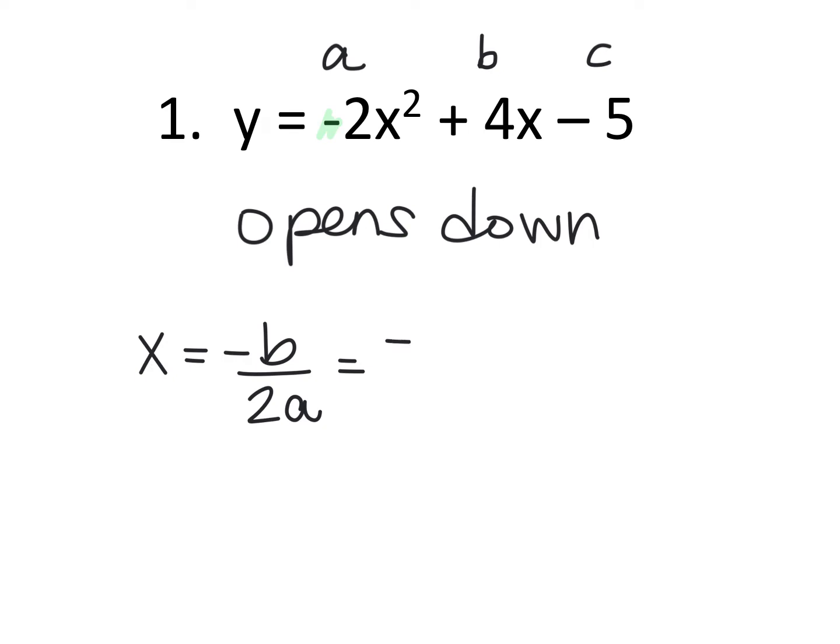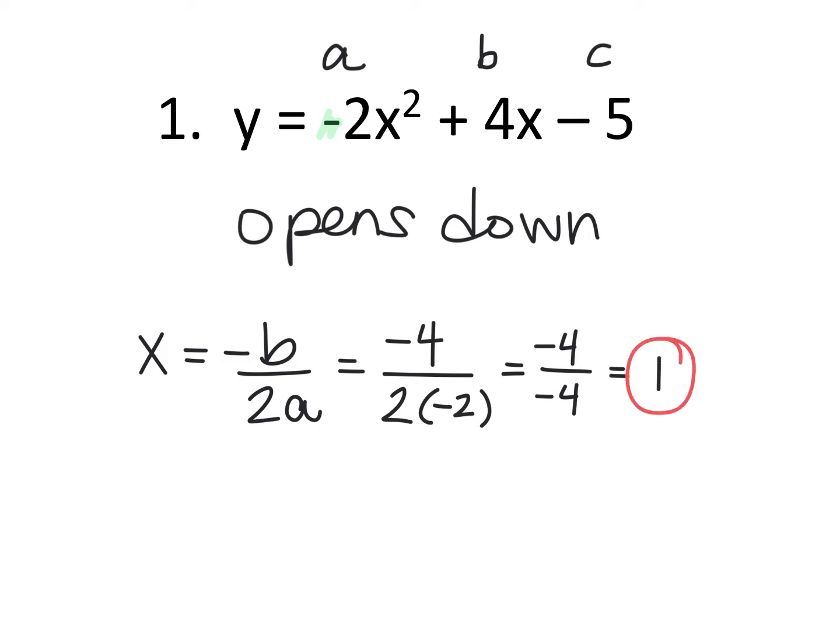So you're doing negative 4 divided by, that's what this actually is, 2 times negative 2. So I'm getting that from my a value of negative 2. This is just multiplication on the bottom, so you're doing negative 4 divided by negative 4, which is 1. So this is your axis of symmetry of 1, meaning x equals 1 is my axis of symmetry.